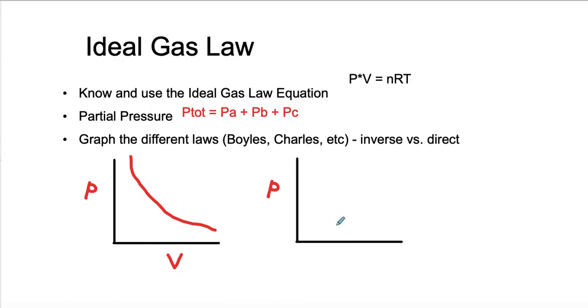I'm going to do temperature instead. The higher the temperature, the more the pressure is going to be, and this is a direct or linear relationship. P versus V is inverse. So that's the graphing, being able to notice all those. I would have all of the laws written down someplace that we have gone through in class.